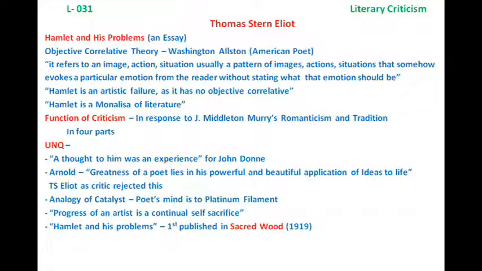Murray had said that classicism and romanticism cannot go together. Classicism is represented in French literature according to him, and romanticism is represented by the English writers. But T.S. Eliot says that English writers are also classic ones and French are also romantics.